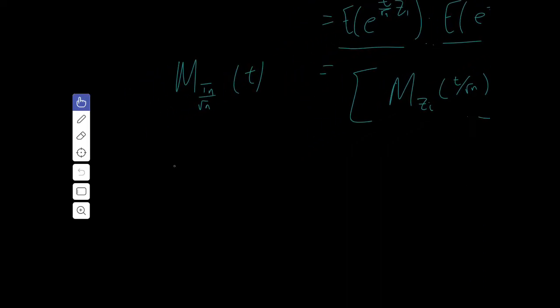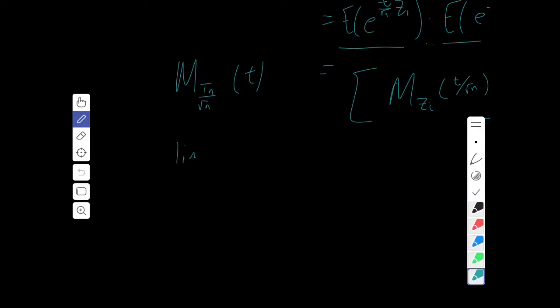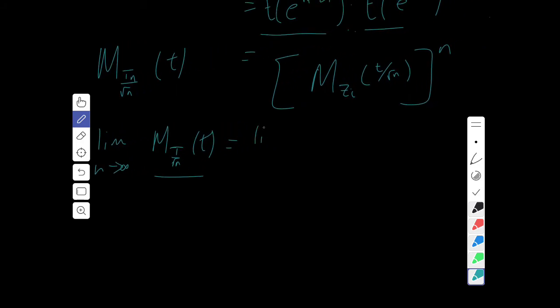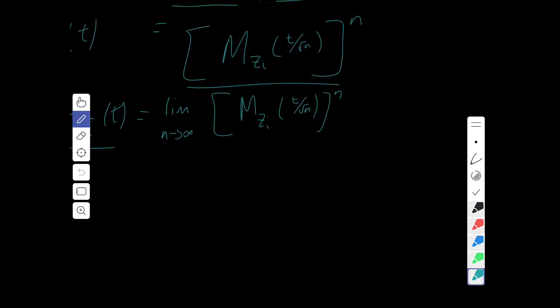And now we need to take the limit of this thing as n goes to infinity. Well, because we know what this value is, this is the same thing as the limit as n goes to infinity of the moment generating function of Zi at t over root n, and then to the power of n.